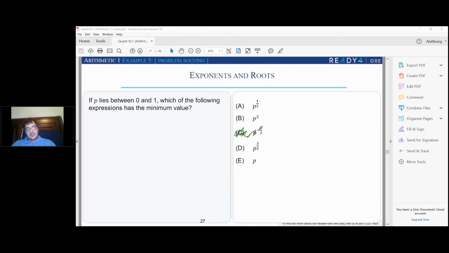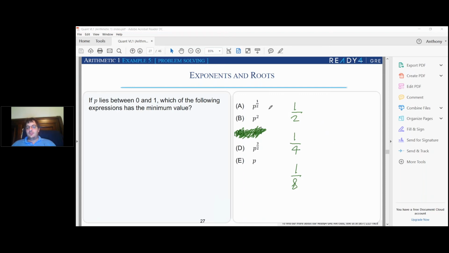Well, what's left? What's left is a bunch of positive powers of P, but this is where I'm just going to appeal to what I said before about fractions. The bigger the power you raise a fraction to, the smaller it will get. Half to the 1 is a half. Half to the 2 is a fourth, which is less than half. Half to the 3 is 1/8, which is even less.